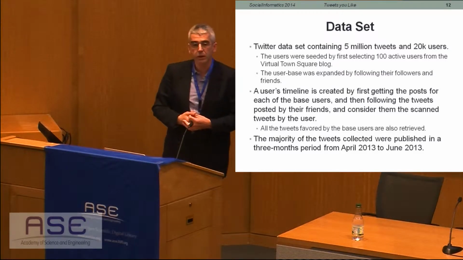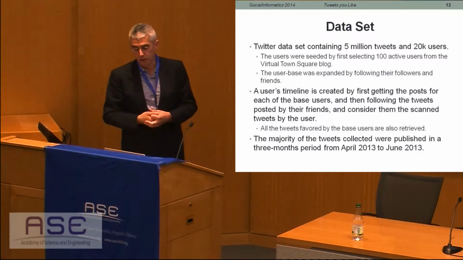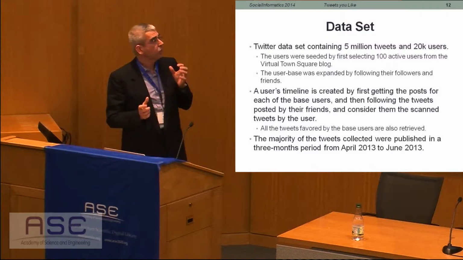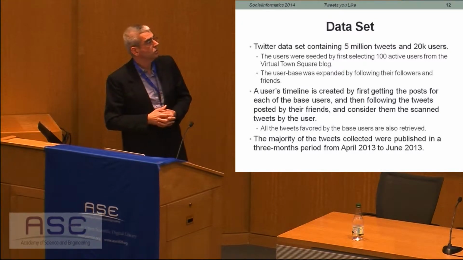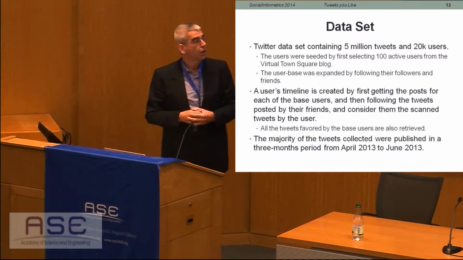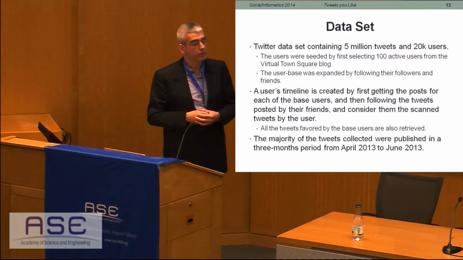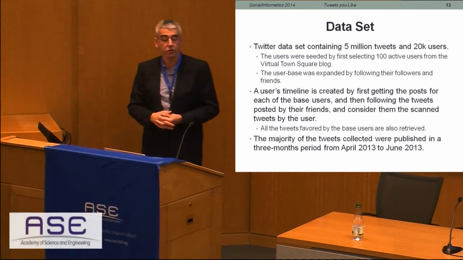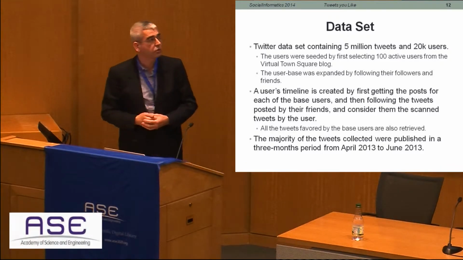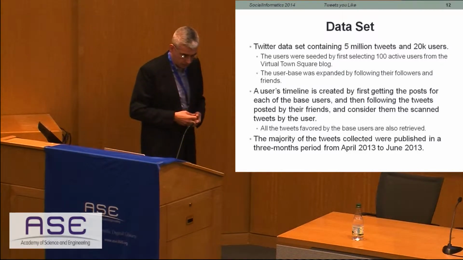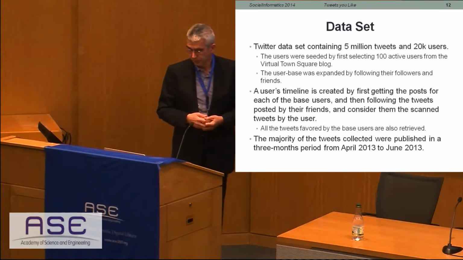So at the end, we constructed a dataset consisting of 5 million tweets and 20,000 users. For that time period, April 2013 to June 2013, in 3 months, we had a fairly decent amount of data that allowed us to construct an approximate, I emphasize this, approximate user timeline, because again, due to various reasons, primarily privacy, that's not something that we can get from or about the users.